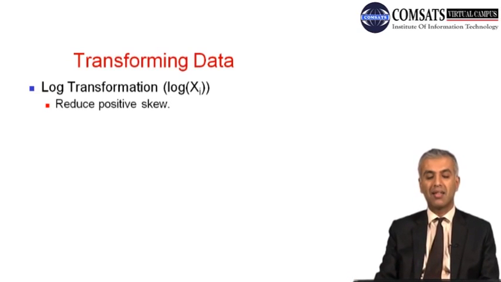In this case, you can see the log transformation, which can be used. We can just take the log, and once we take the log, it can be used to reduce the positive skewness. This is one method to transform the data and use it more effectively.